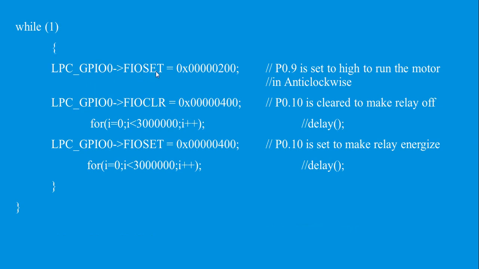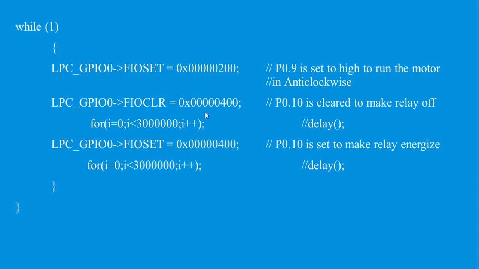Now initially we have to set the 9th pin of port 0, so that we are creating the ground path at the driver, so the motor will run either in anti-clockwise or clockwise direction, depending upon the relay status. Now here we are going to clear the relay, that means by using the clear register we are sending logic 0 via the 10th pin of port 0, thereby the relay will be off, so that our motor will be rotating in the anti-clockwise direction.